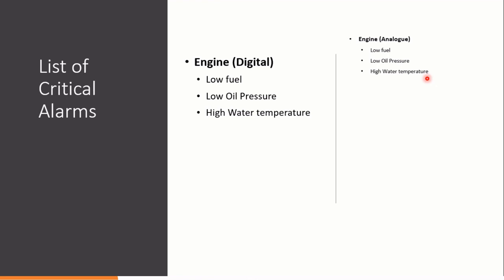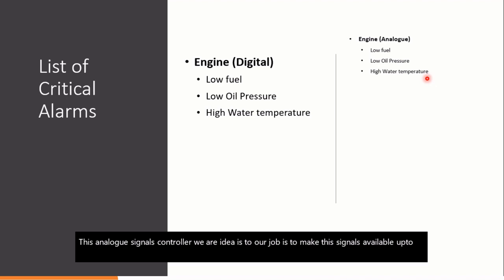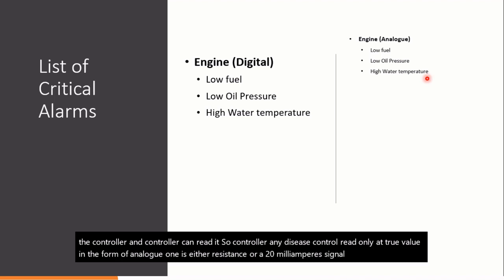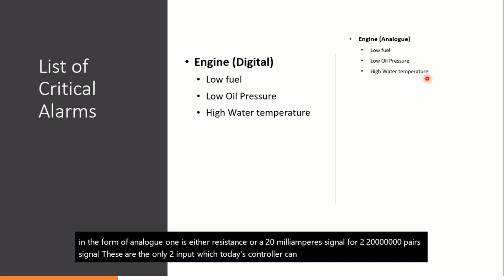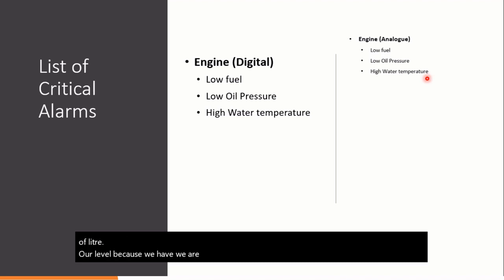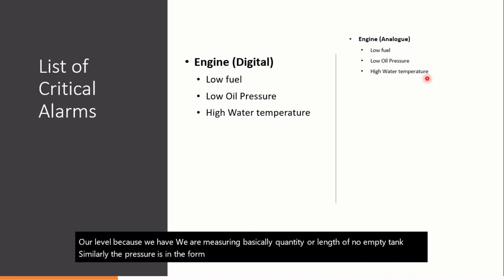So normally in the industry, in telecom, like 25 to 100 or 500 kVA DG sets, they basically have a resistance signal which converts any signal into the form of resistance, and then the controller reads the resistance value, and then it gives us the exact value of what the level of fuel is at a particular time, and at the same time what the oil pressure is and what the coolant temperature is.